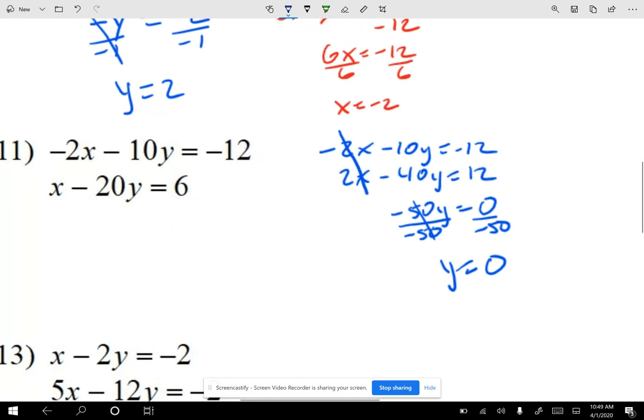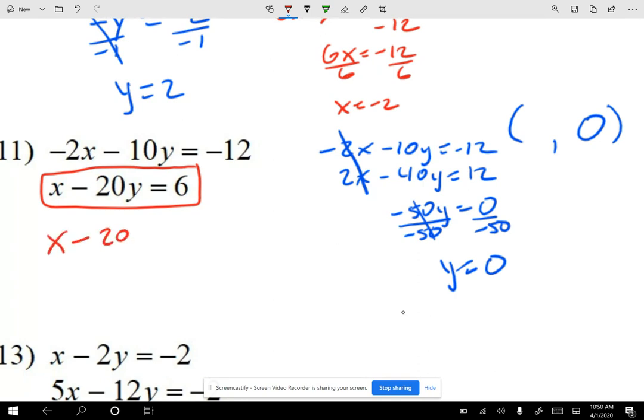So I know half of my answer. I'm going to put it here, the y value. Now I need to solve for my x value. I'm going to use any equation that I have, any of them. I'm going to choose this one. I don't know the x value, so I'm just going to write x minus 20 times 0 is equal to 6.